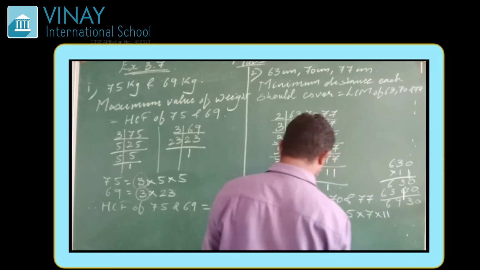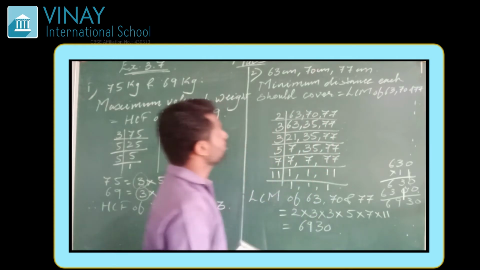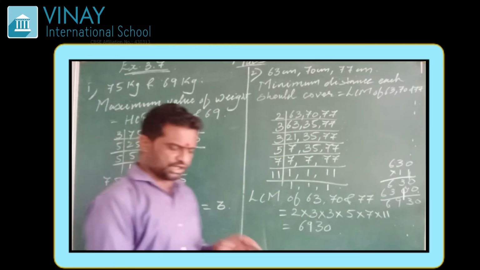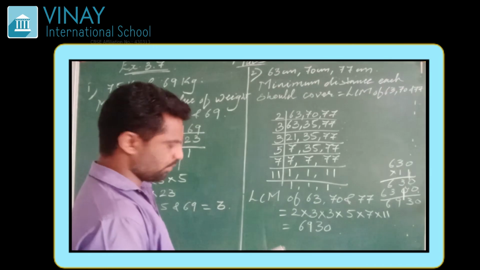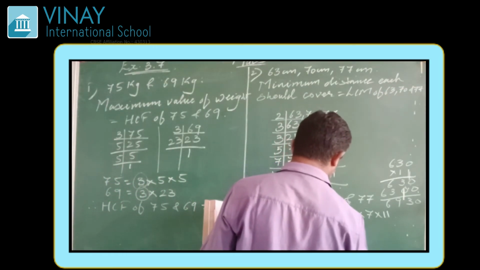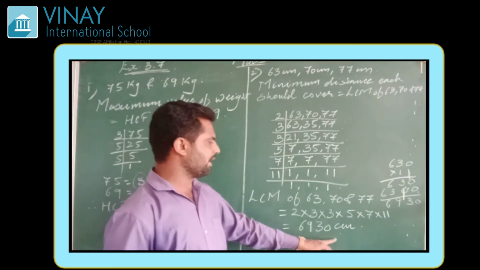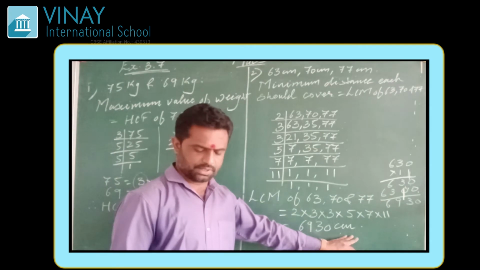So the LCM is 6930. So the minimum distance each should cover is equal to 6930 centimeter. Each should have to cover 6930 centimeter.